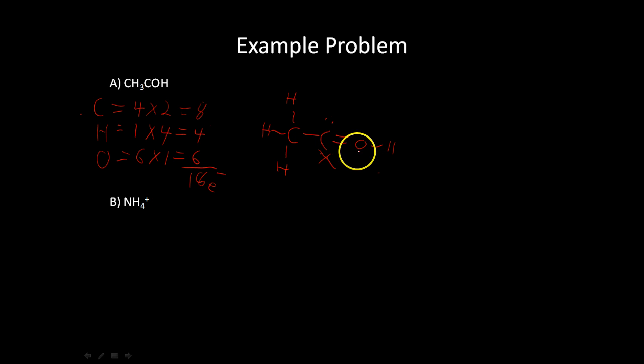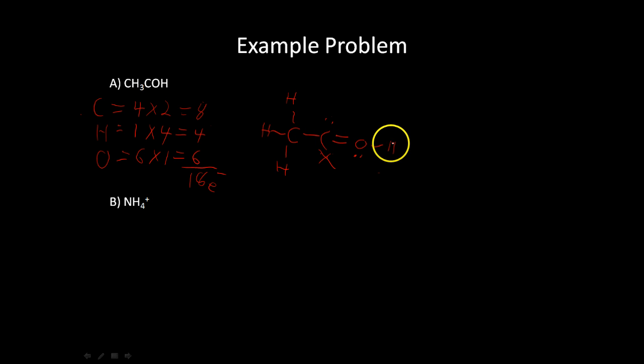Now, if that's the case, oxygen will all of a sudden have 3 pairs of bonding electrons, so a pair here, a pair here, a pair there, and 1 pair of non-bonding electrons. The structure for this is not so good. The reason why this is not the best structure is because carbon will always have 4 bonds, so all of its electrons will always be involved in bonding.